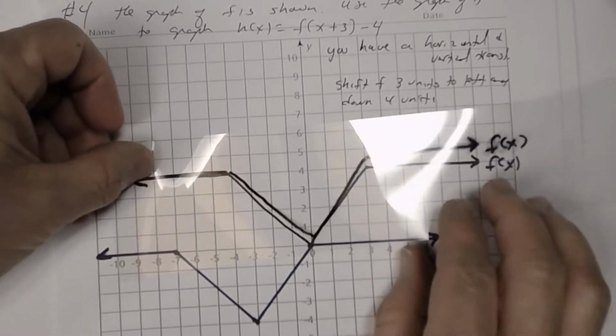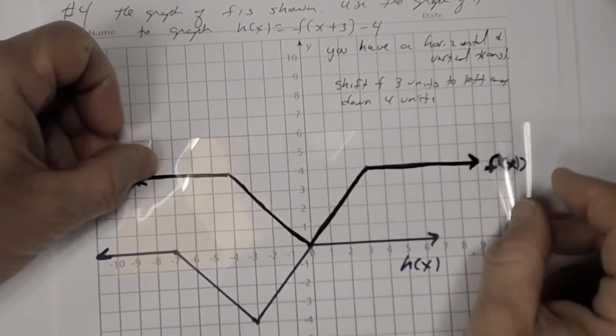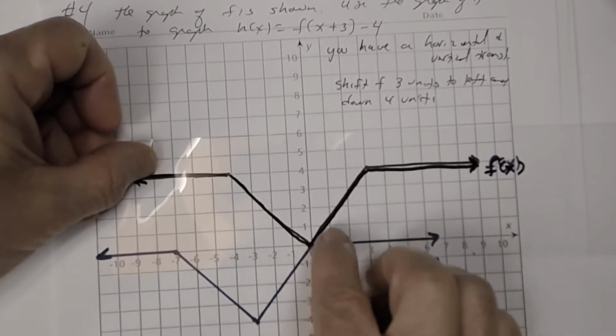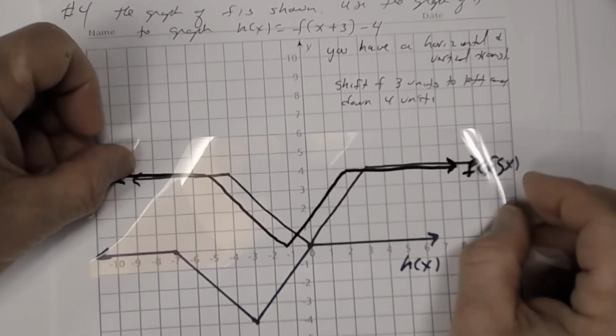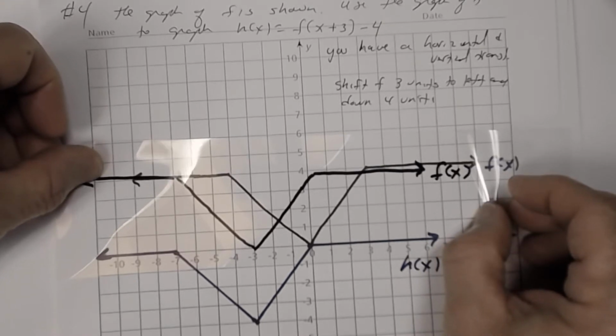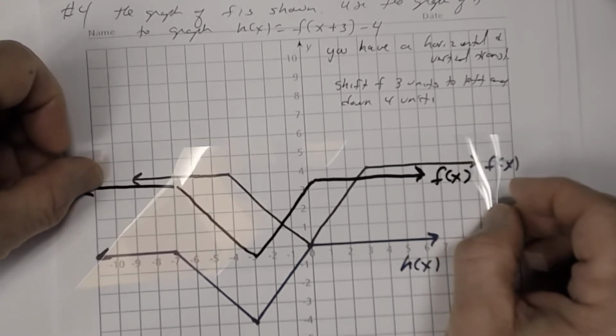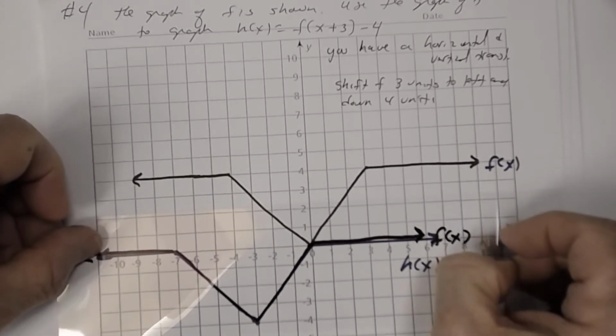I'm going to use the vertex to help me move this, the point where those two segments meet. So 1, 2, 3. Okay? And then I'm going to shift it down 4 units. So 1, 2, 3, 4. And that's what you get.